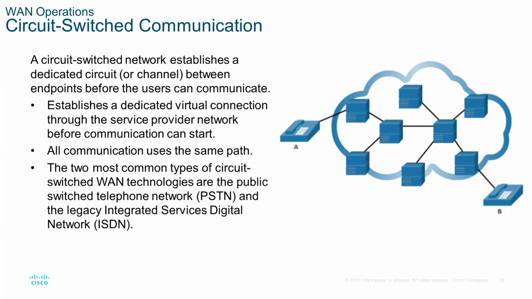Circuit switched. So this is where we basically have the history. Just remember that networking is a form of telecommunications. All of our modern day computer networks derive their history out of the telecommunications era. So circuit switch is basically where we dedicated a circuit from point A to point B so that users could communicate with each other.